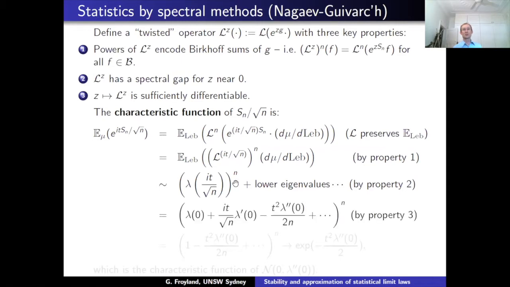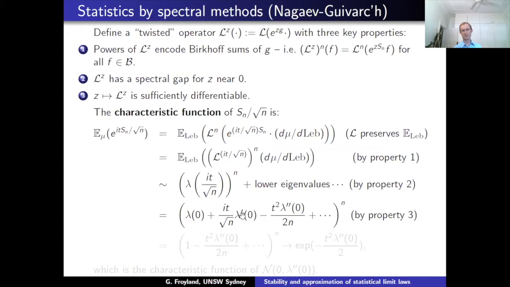And now what I want to do is use this third property, the differentiability, to Taylor expand in the twist about zero. So my first term is lambda 0. This is my first order Taylor term. This is my second order Taylor term, and so on. And then for reasons that are not obvious, but also not difficult, it turns out that this first derivative is 0.